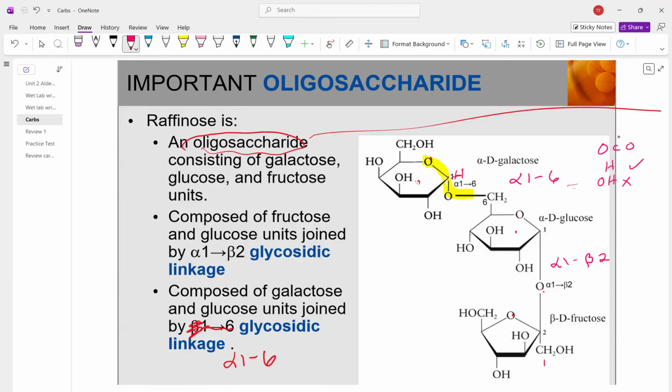So that is an acetal, not a hemi. So this is not a reducing sugar. Now, you need to be able to do what I'm doing here for the test. I'm going to ask you all this stuff. For each of the units, you have to know.